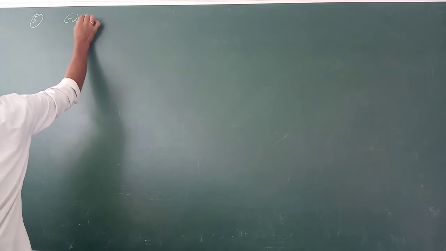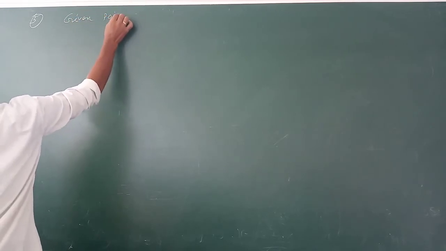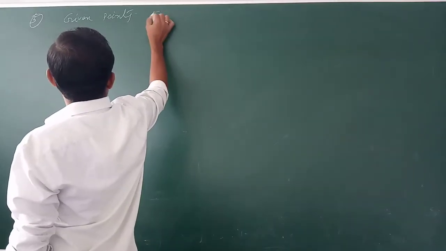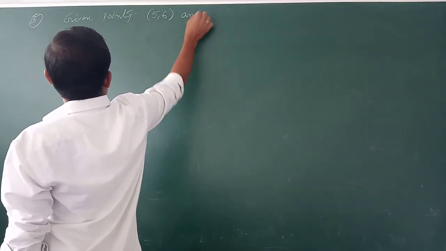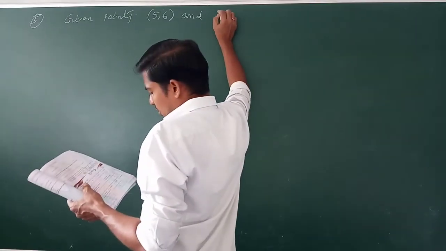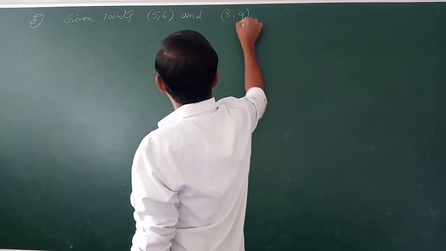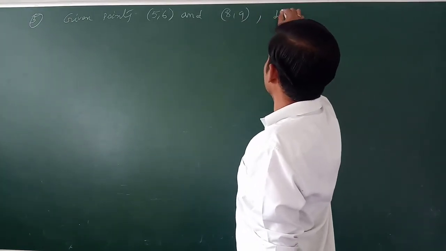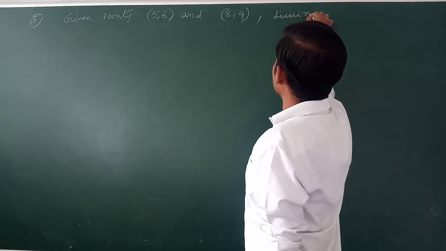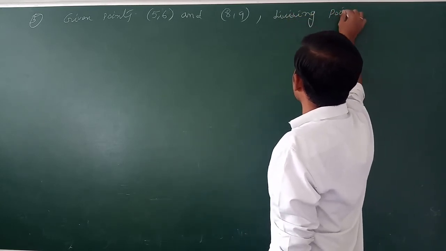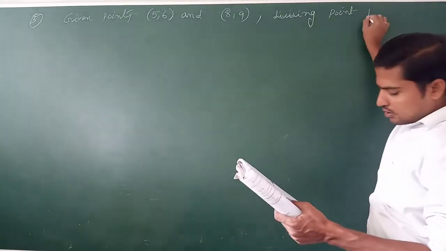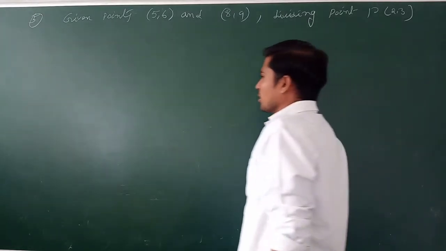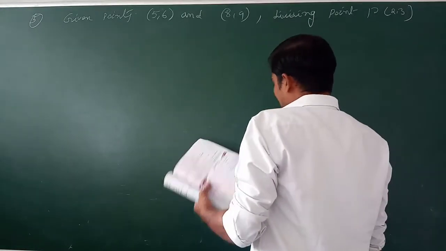Given points (5, 6) and (8, 9). The dividing point is P(2, 3). Then in which ratio does it divide?